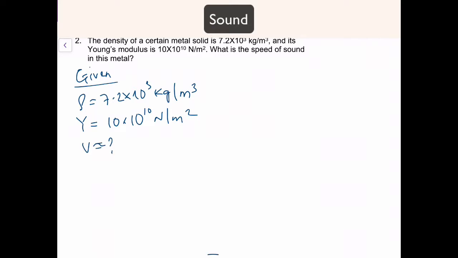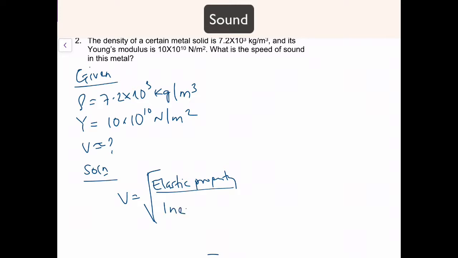When you come to the solution, you should know what proper equation you want to use. The speed of sound in a fluid or in a solid can be found using V is the square root of the elastic property divided by the inertial property, right?